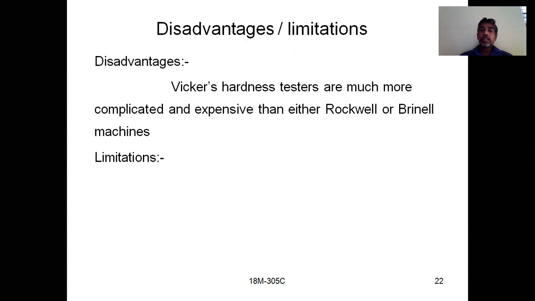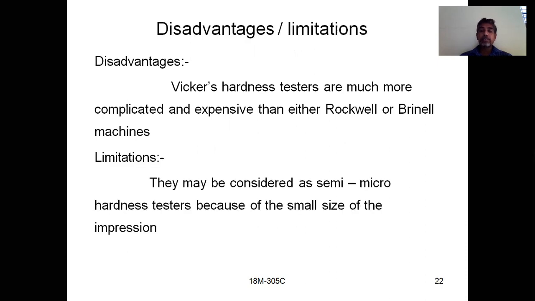And what are the disadvantages or limitations? Vickers hardness tests are more complicated and expensive because you have to maintain the 136 degrees properly, and you are using a diamond indenter. That means the cost will be more. So it is complicated as well as expensive compared to your Brinell hardness test.